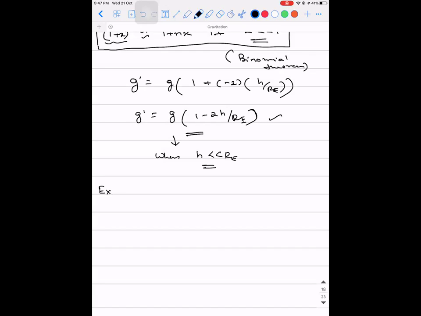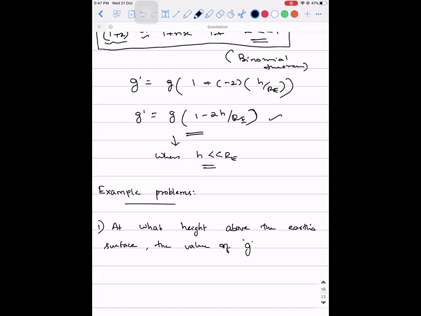So write down. At what height above the Earth's surface is the value of G half of its value on Earth's surface.